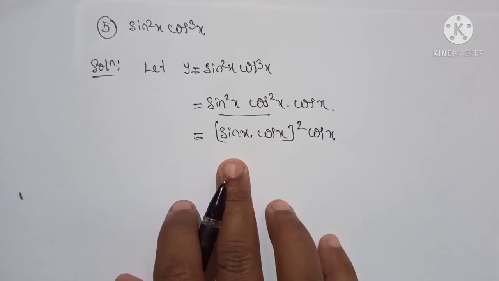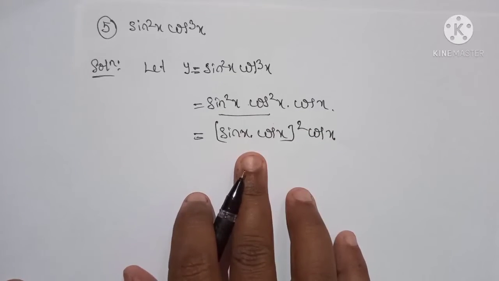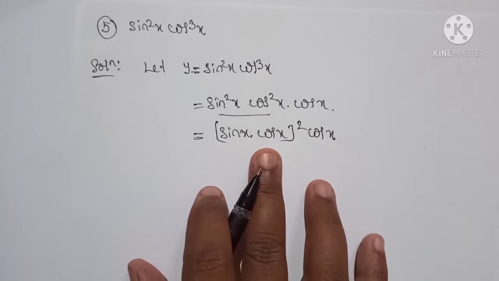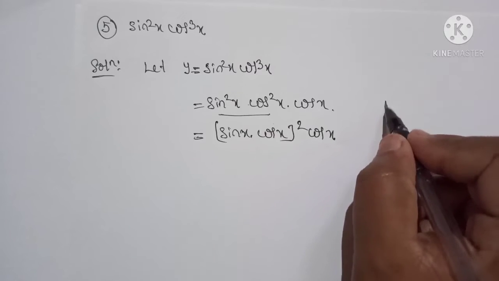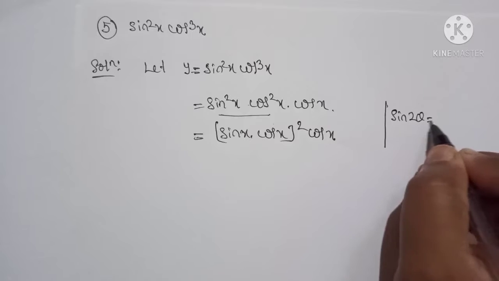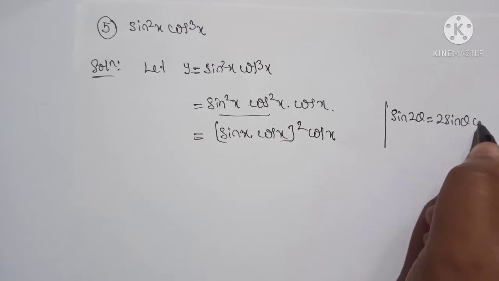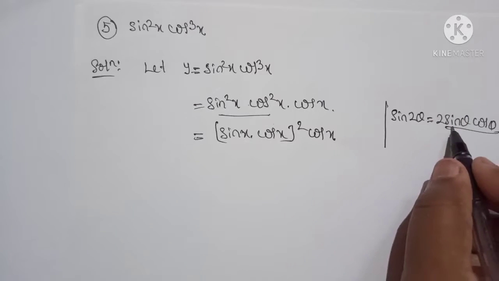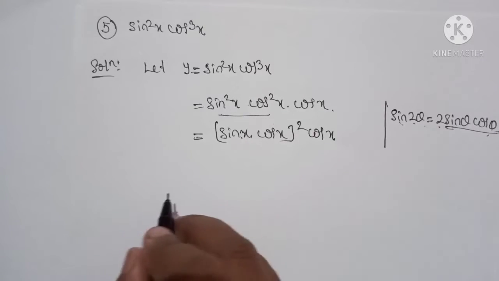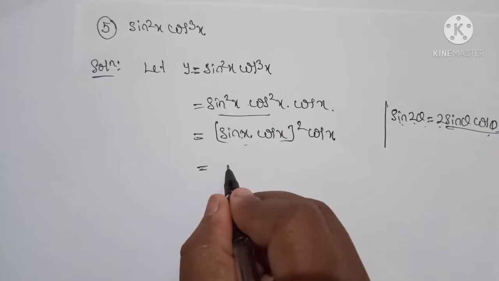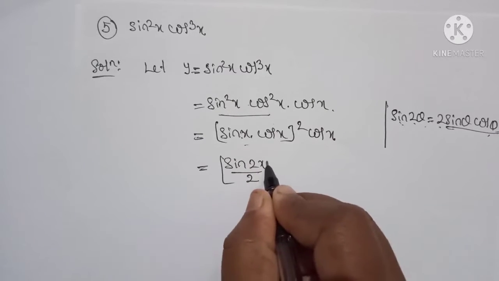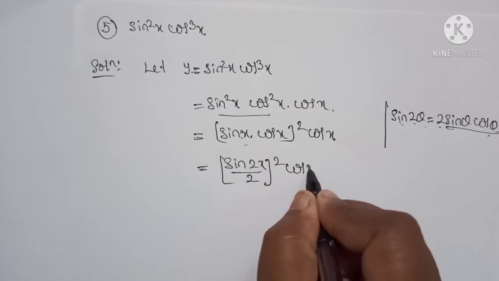Applying the formula 2 sin theta cos theta equals sin 2 theta, sin theta into cos theta can be written as sin 2 theta divided by 2. So it can be written as (sin 2x divided by 2) whole square into cos x.